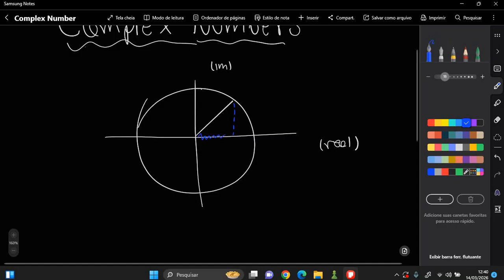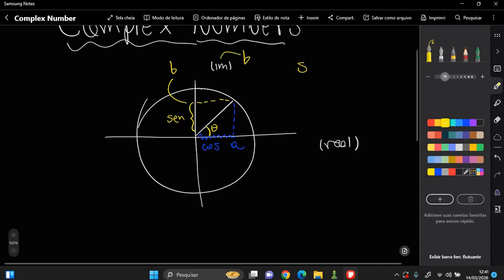So this component is for the real part, which we are calling a, and this is cosine. And if we decompose this vector in terms of sine, we just have to multiply by theta, and this is b for the imaginary.